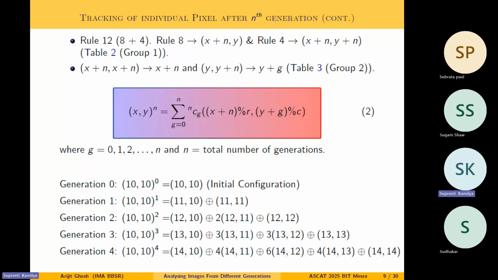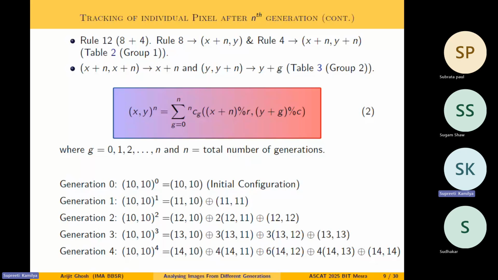By fundamental rule 8, the pixel 11 comma 10 is responsible, and due to rule 4, the pixel 11 comma 11. Hence, by this small calculation, we come to know what the pixels responsible for the formation of an image at a particular pixel, here 10 comma 10, are for the first generation.